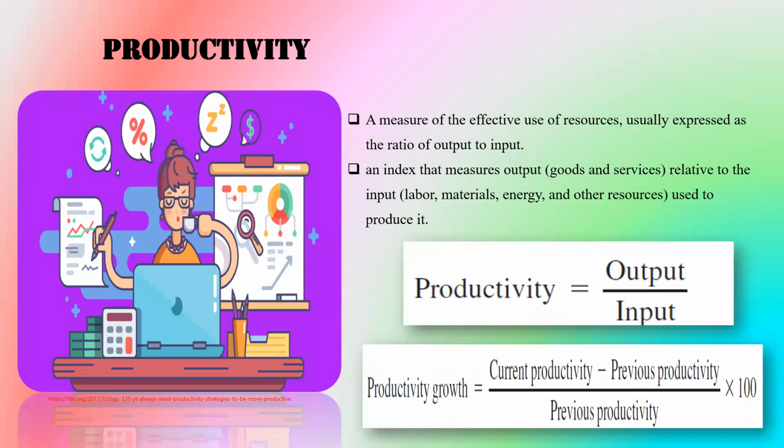Productivity growth is the increase in productivity from one period to the next relative to the productivity in the preceding period. That's why you can probably hear in news or read in newspaper, either the hard copy newspaper or online news, wherein they measure productivity of a certain country or growth of a certain country, comparing previous years or even in quarters.